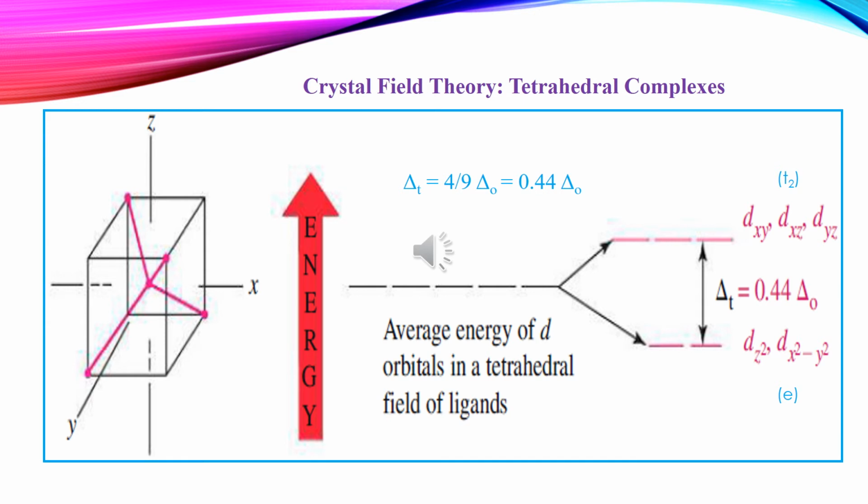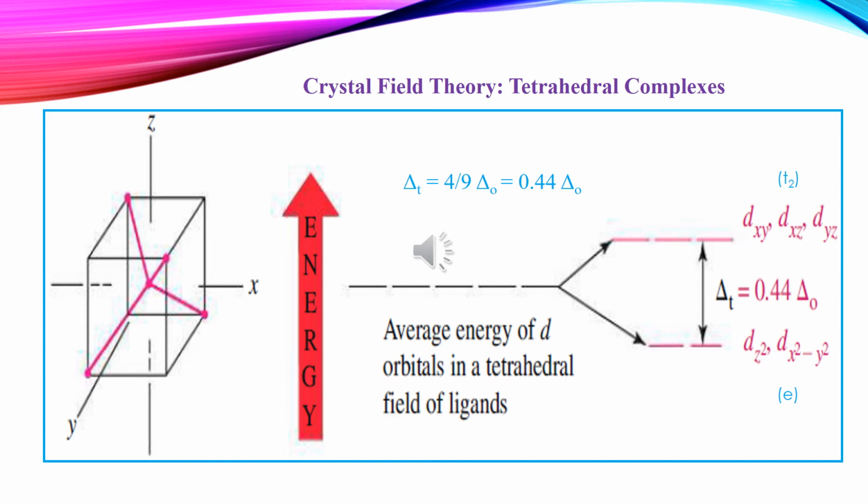As a result, the splitting observed in a tetrahedral crystal field is the opposite of the splitting in an octahedral complex. Because a tetrahedral complex has fewer ligands, the magnitude of the splitting is smaller.